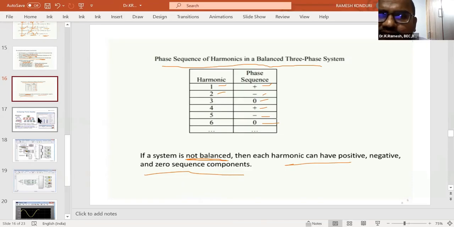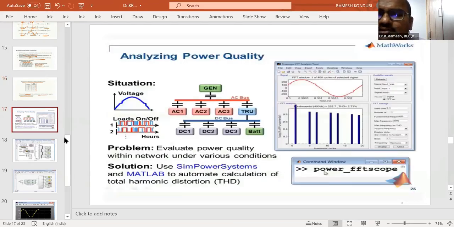Next, I would like to take up an aircraft model, where we have a generator. This generator is connected to an AC bus and to a DC bus through the loads.